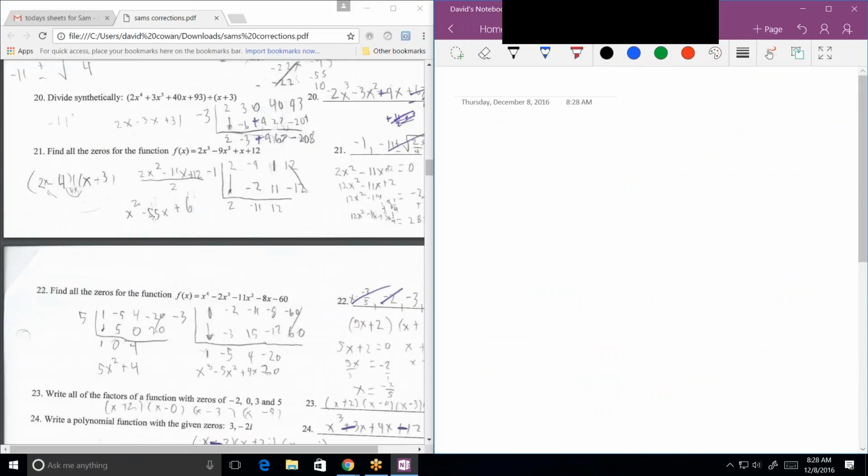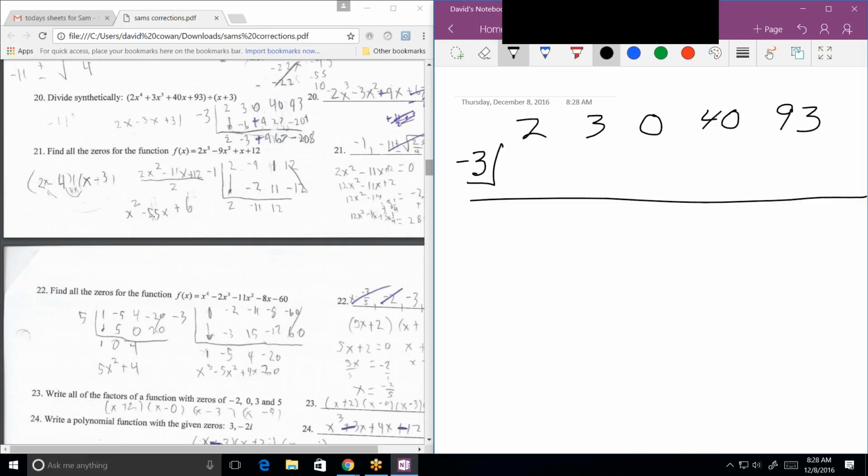Set it up. Okay, you got the -3 in the box. You got across the top 2, 3, 0 for the missing x squared term, 40, and 93.